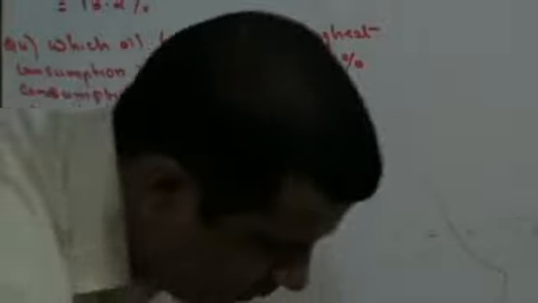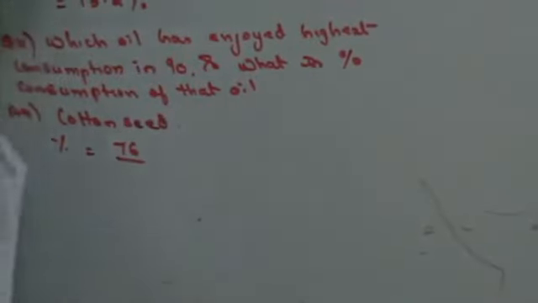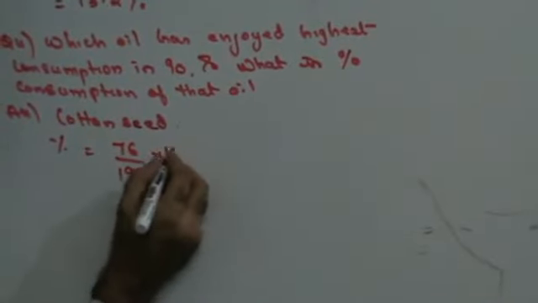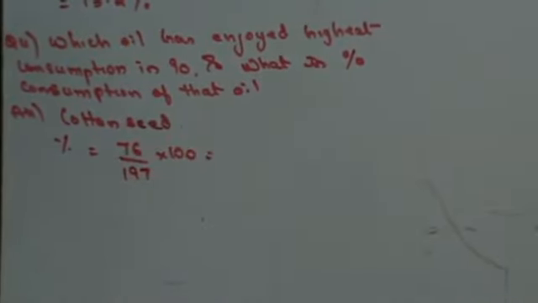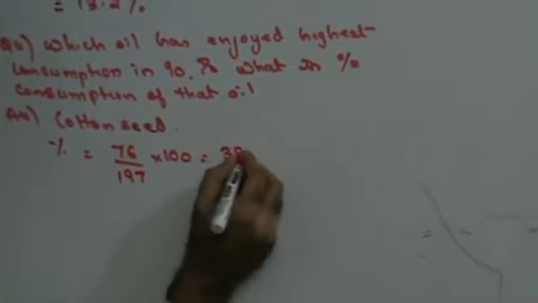If I add the whole total of 1990, this is 197. So 76 upon 197 into 100, which works out to 38.57%.